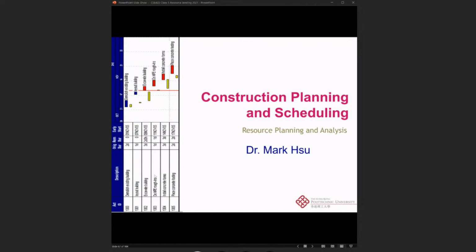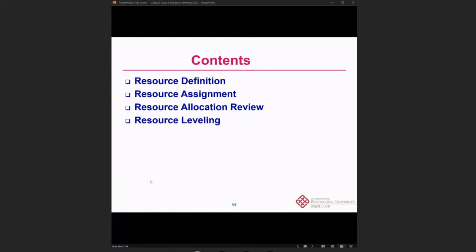Well, I think we still have 10 to 15 minutes, so I will continue to demonstrate how we can utilize some basic functions to do resource leveling using Microsoft Project.